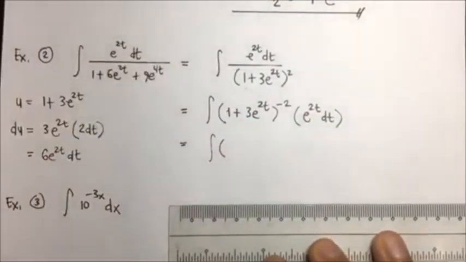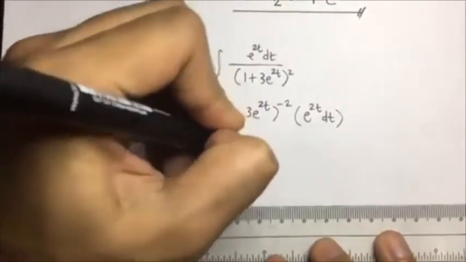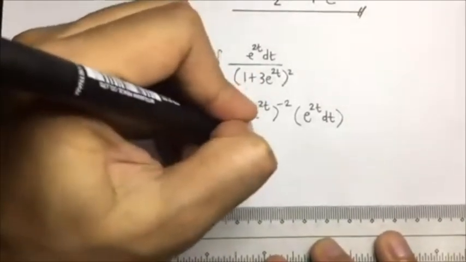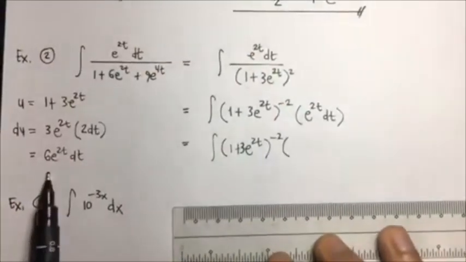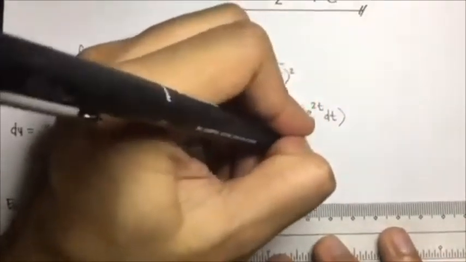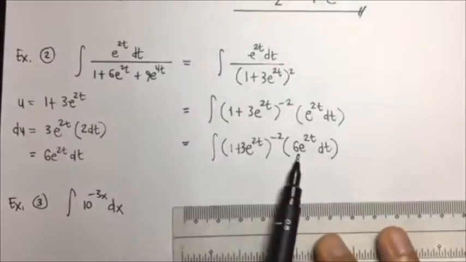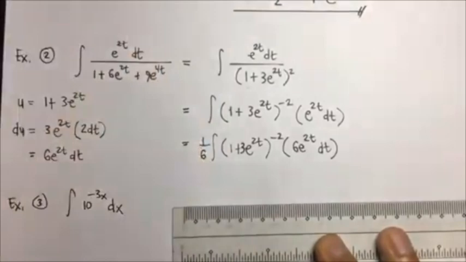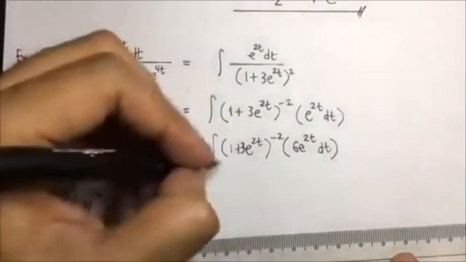So it is equal to 1 plus 3e to the 2t, raised to negative 2, times the complete differential, which should be 6e to the power of 2t dt. Since we multiplied by 6 there, outside the integral sign we must multiply by the reciprocal of 6, which is 1/6. Therefore we can now apply the general power formula.